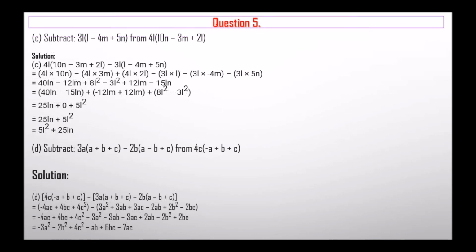Next, subtract 3l(l − 4m) + 5m from 4l(10n − 3m + 2l).